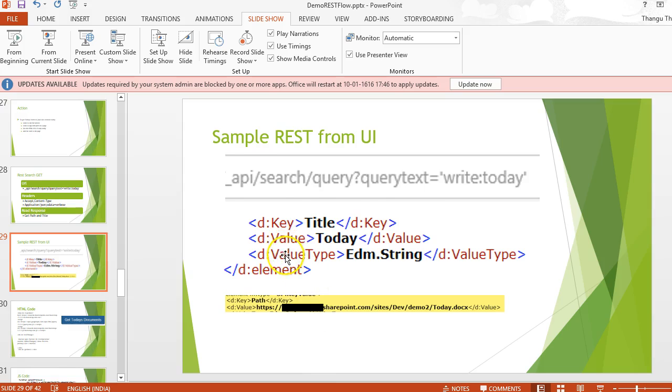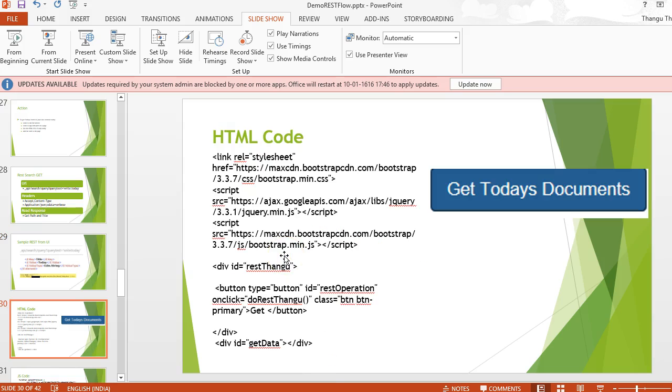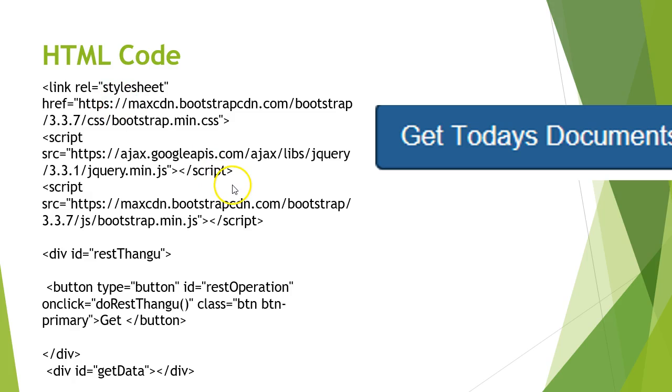Coming back, we'll start off by understanding the HTML code. So first you add a link to the Bootstrap or jQuery and other external files. And we'll just have a simple div element for the REST. I'm just using REST Tango. And within that, next I'm going to add the items.